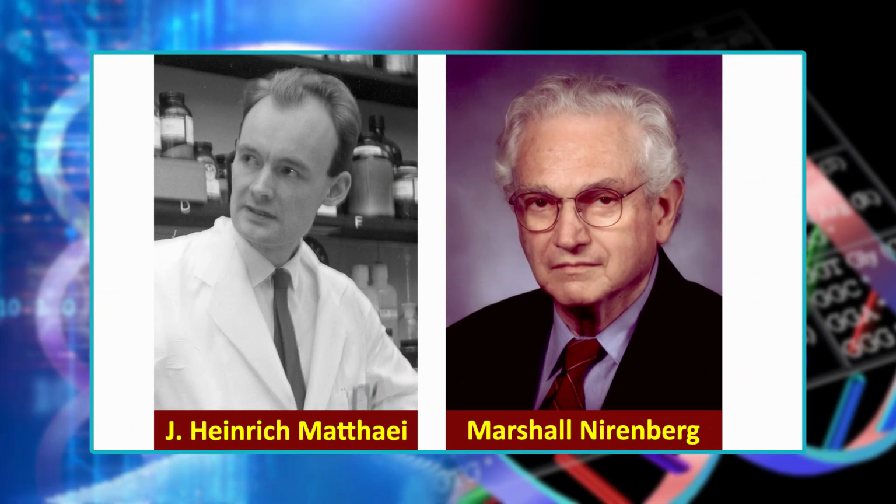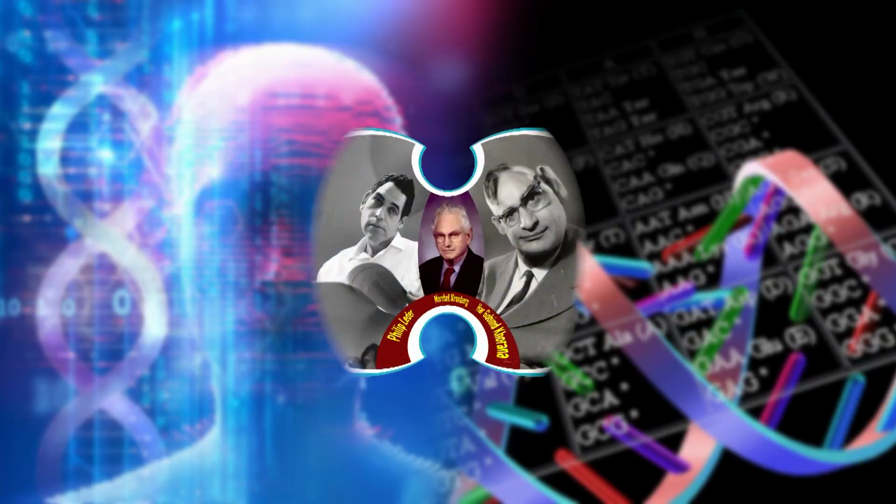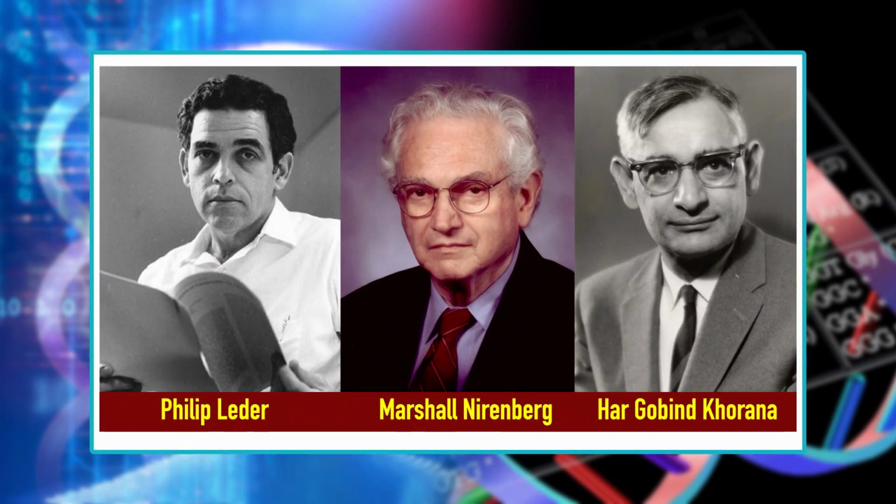During the same year, Marshall Nirenberg and Heinrich Matthaei performed experiments that began deciphering the genetic code. They showed the RNA sequence UUU specifically coded for the amino acid phenylalanine. Following this discovery, Nirenberg, Philip Leder, and Har Gobind Khorana identified the rest of the genetic code and fully described each 3-letter codon and its corresponding amino acid.